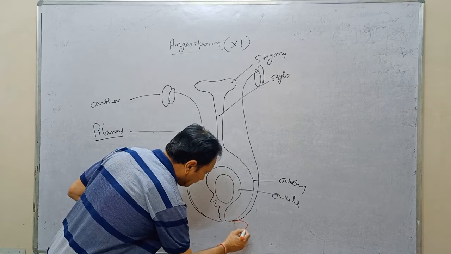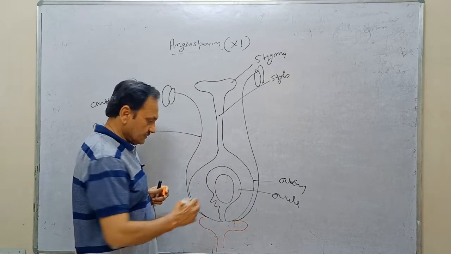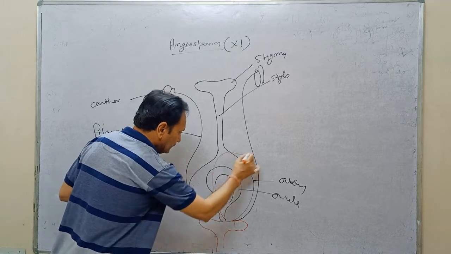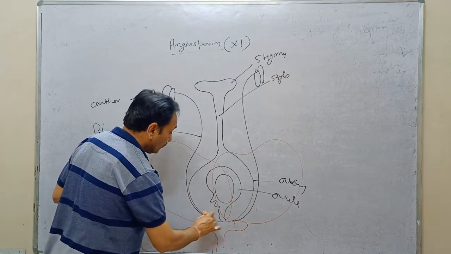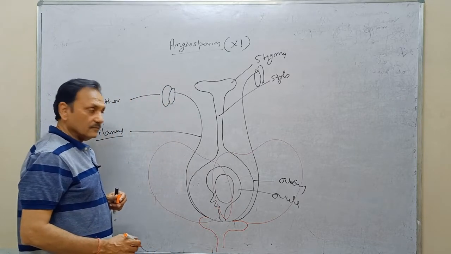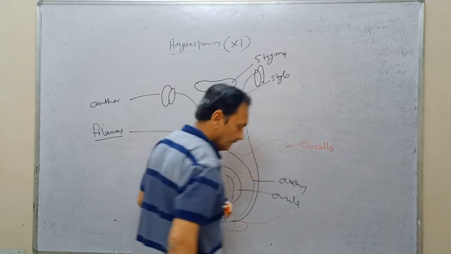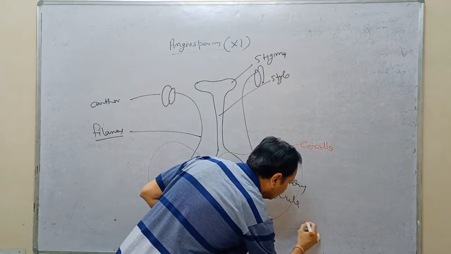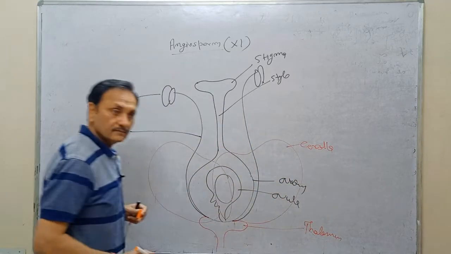There is a thalamus on which this particular part is present. There is this type of one of the attractive parts of the flower, that is called corolla. That is called thalamus or receptacle.